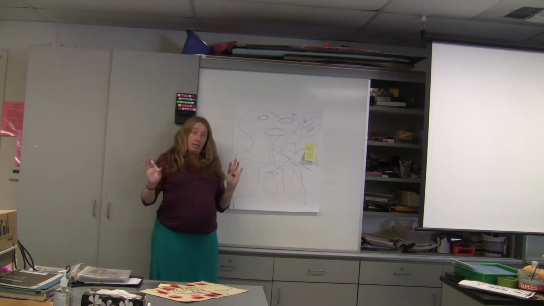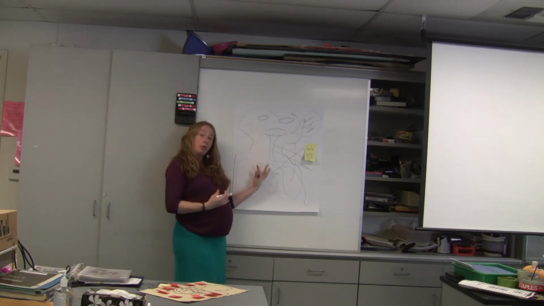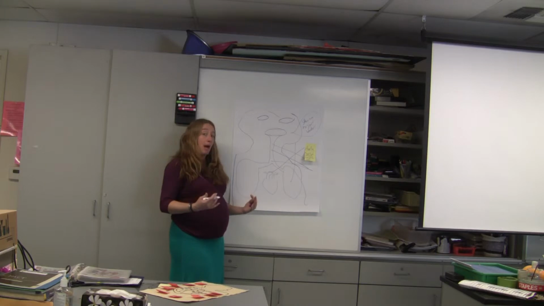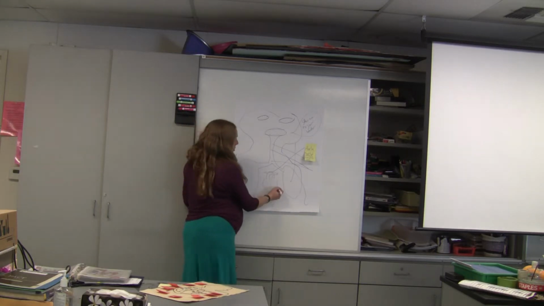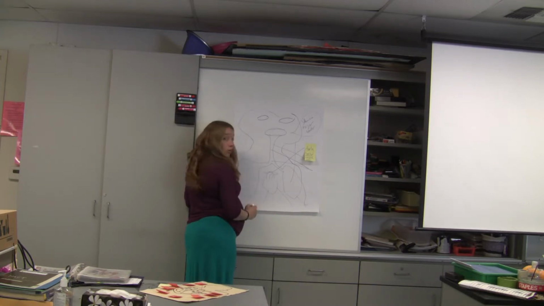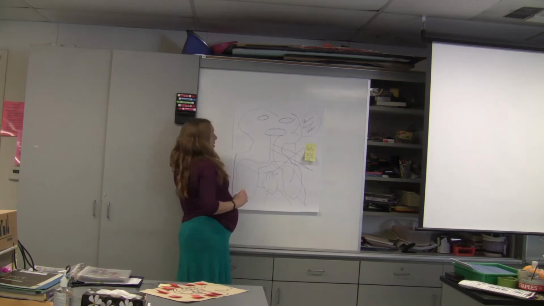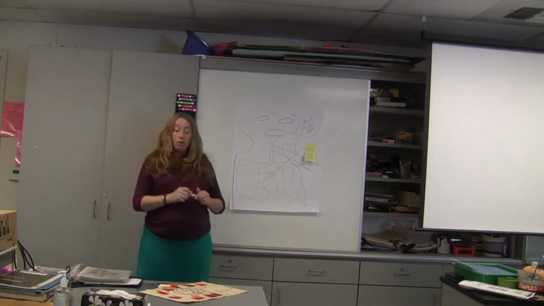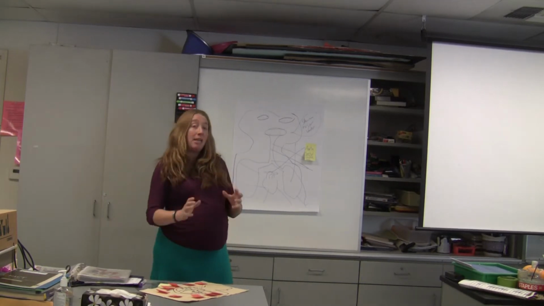So, artists, when you're making your beautiful model, please think about where you could bring the labels down, or to the side, or to the other side, to spread it out and make some room.